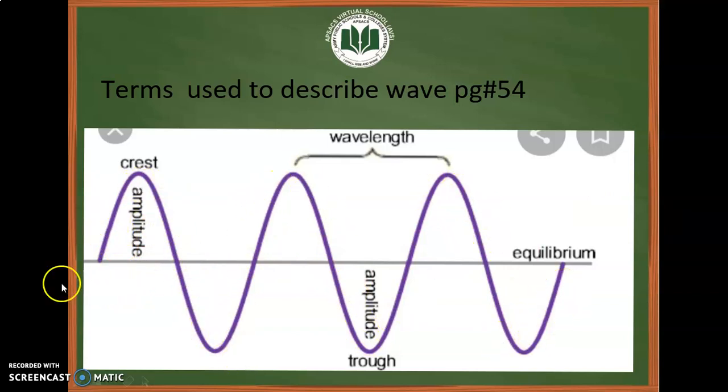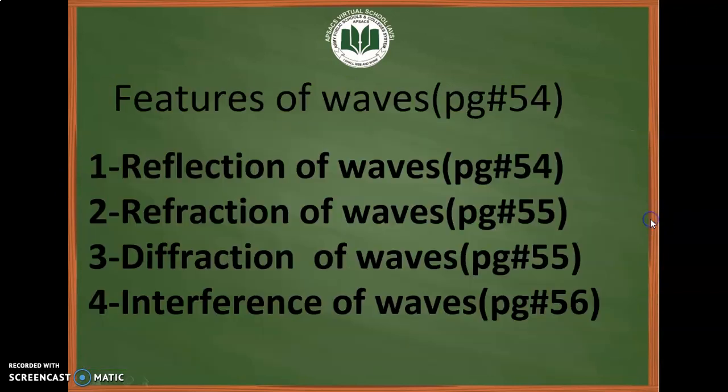Waves are formed. How high and how low the waves are is known as the amplitude of the waves. The highest point or the up point is known as crest. The lowest point or the down point is known as trough.